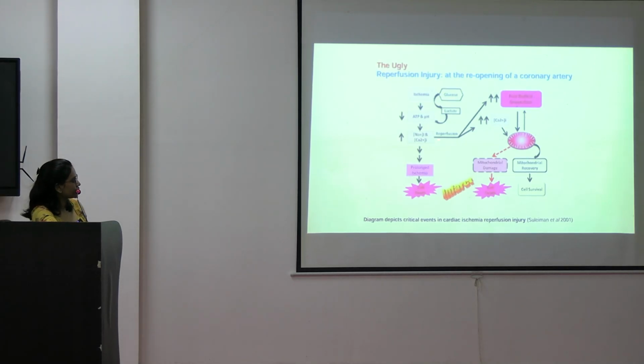Once the reperfusion is reinstated, what happens? If a few of the cells have already moved on into the phase of irreversible cell injury, they cause generation of free radicals. These free radicals will further cause mitochondrial damage, leading to increased movement of calcium into the cytoplasm and resulting in cell death.